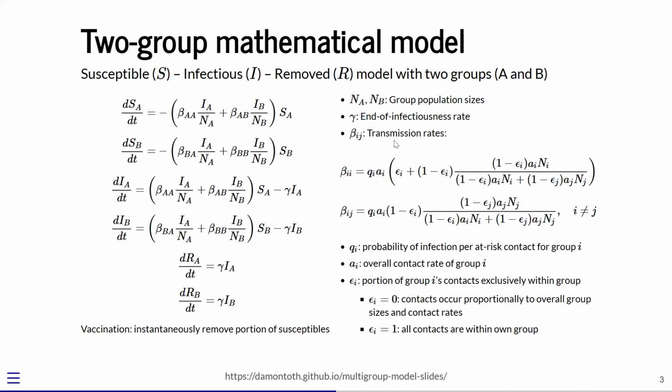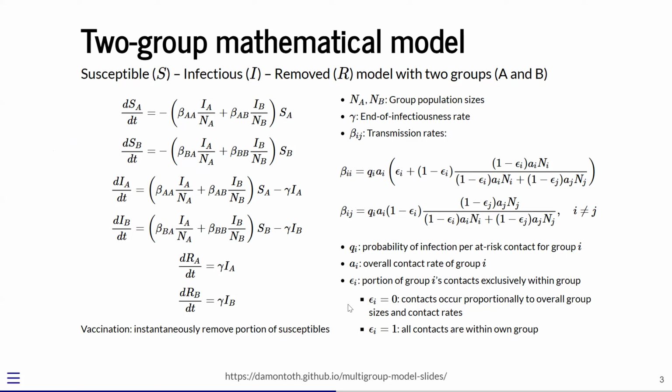And then I haven't mentioned vaccination at all. We represent that very simply here, where if someone is vaccinated, we assume that they're immunized, and they're basically just instantaneously removed from the susceptible class. There are more complicated ways to represent it, but in this version, if someone is vaccinated, we assume they're removed and they're not susceptible. They're no longer eligible to acquire the organism.